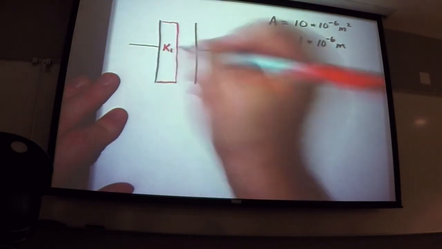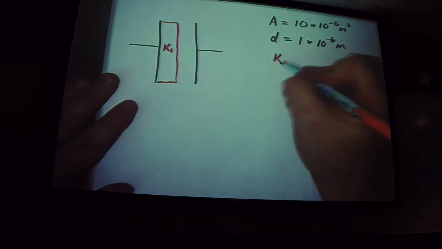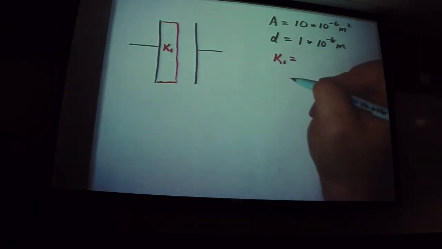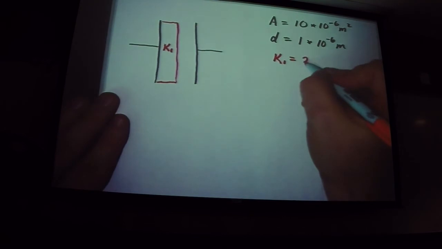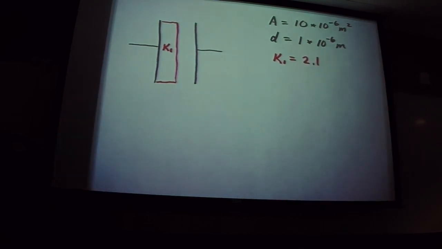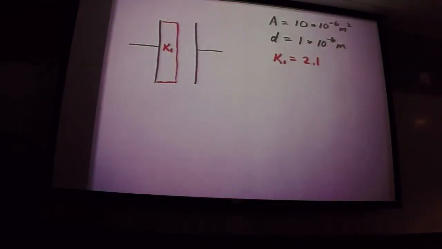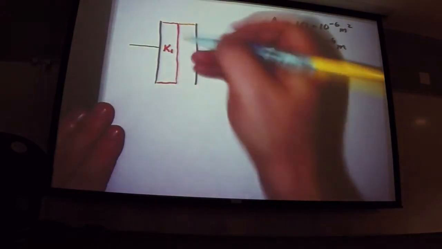I'm just going to call that kappa 1. Kappa 1 is my Teflon, and it's 2.1. By the way, this situation is totally hypothetical. I can't imagine them doing this with a capacitor. It's always pure material. Why would you do this, unless you're teaching physics and you have a physics problem that you want your students to understand?